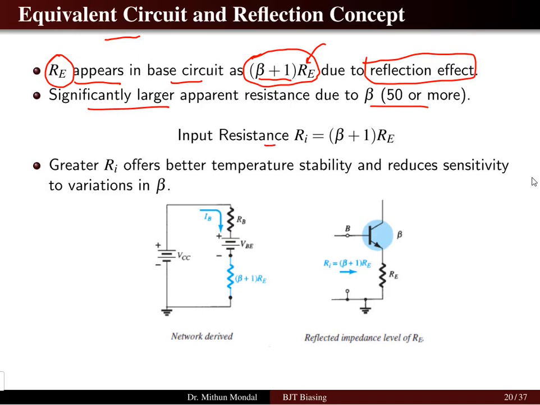So the input resistance of this network is beta plus 1 into RE. The greater the input resistance, the better the temperature stability, and it reduces the sensitivity to variation in beta.